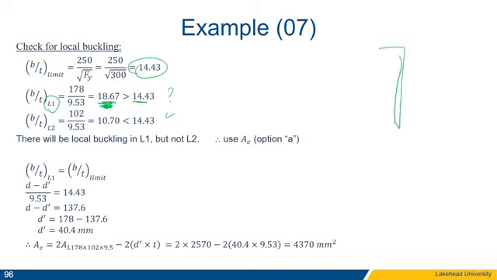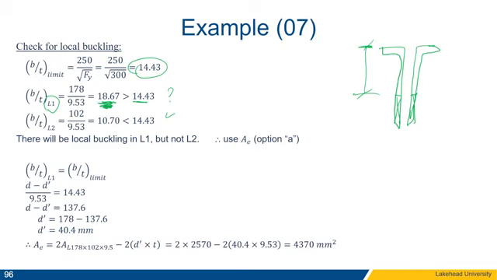So this is the shape of our angle. So why don't we assume, I'm exaggerating, that this part is not part of the section? This way, as if we are asking ourselves what will be the longest length where it will still be safe for local buckling.